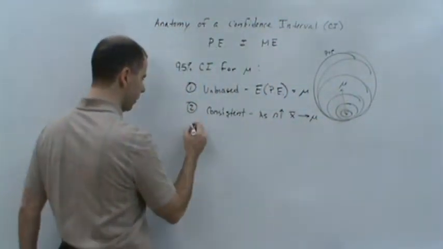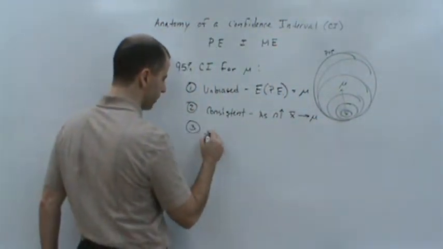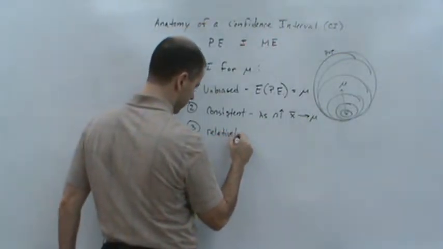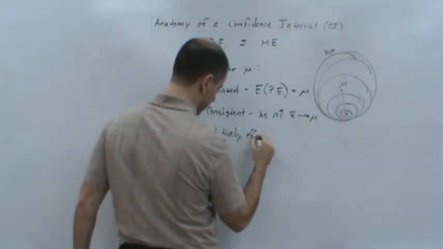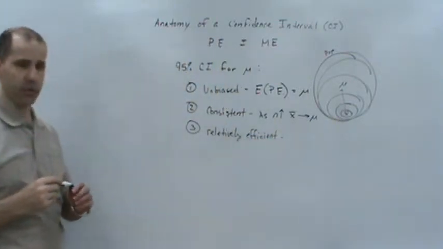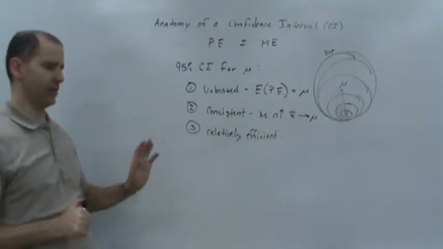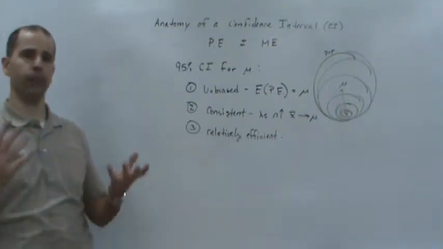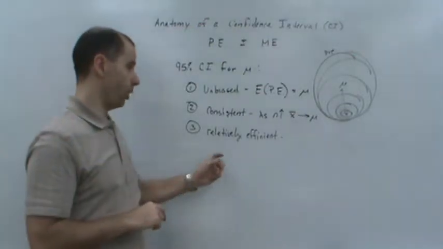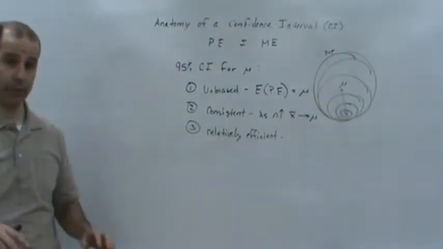Now the third characteristic is what we call relatively efficient. Relatively efficient means that if we took all of the estimates that are contenders for being the best, we only want the best.